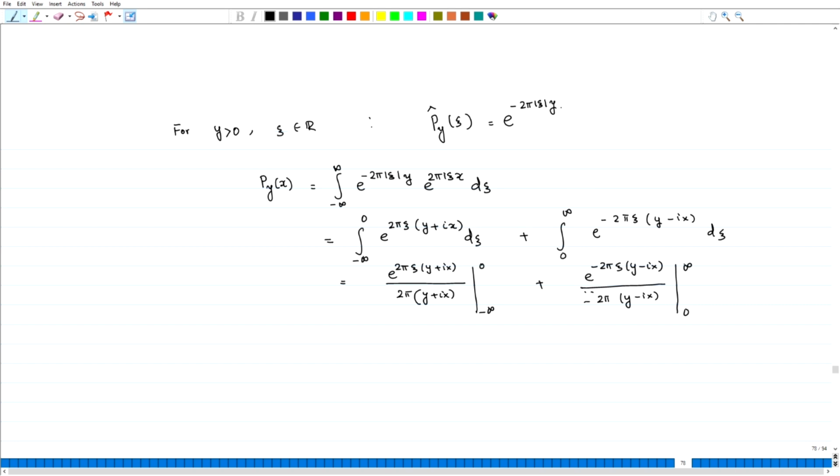At infinity again it vanishes, and only the value at 0 survives.